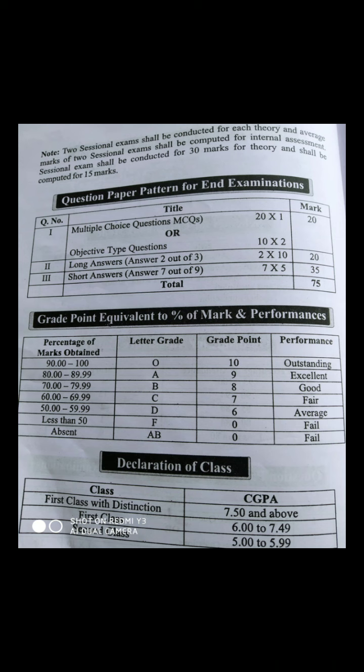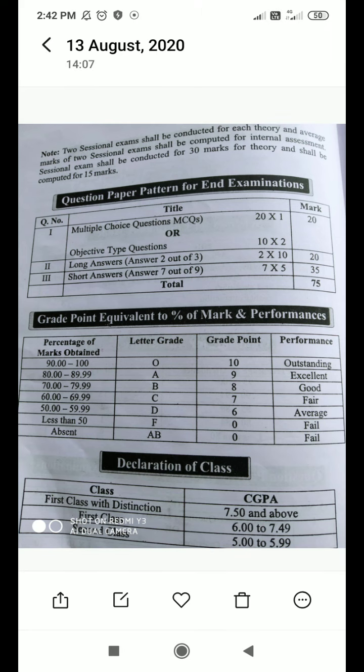Okay. Then what is the question paper pattern for the end examination? In that, question one is multiple choice questions for 20 marks. Then question 2, long answers, in which you have to answer 2 out of 3, each question carrying 10 marks, meaning 10 into 2 equals 20.